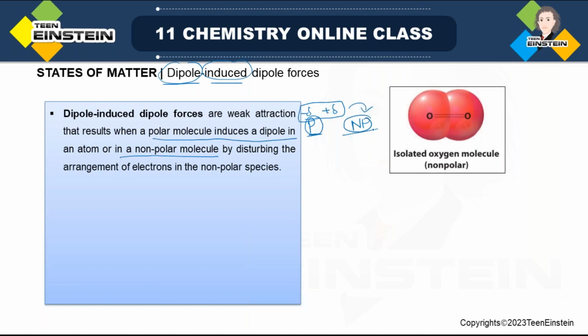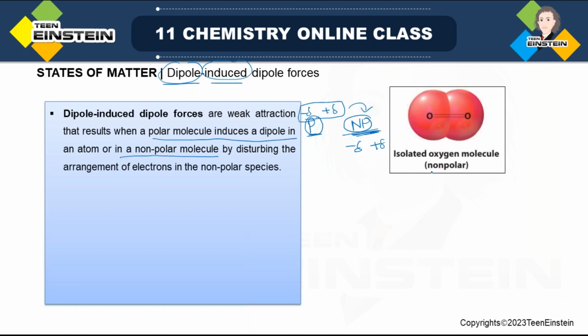If you consider the non-polar molecule simply, there is symmetrical charge distribution. But when it is close to this polar molecule, there will be some induction, and it will disturb the arrangement of electrons on the non-polar molecule. As a result, there will also be generation of del minus and del plus.